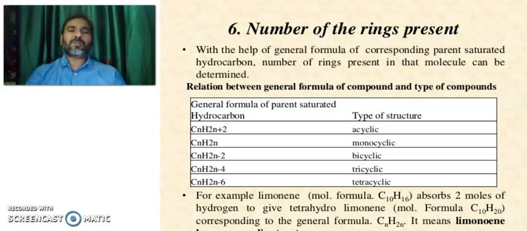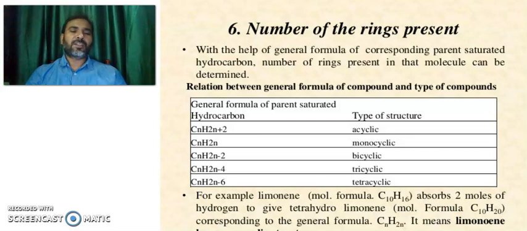If you have CnH2n+2, acyclic; CnH2n, monocyclic; CnH2n-2, bicyclic; CnH2n-4, tricyclic; CnH2n-6, tetracyclic. You can just remember the formula and the structure for your objective questions.